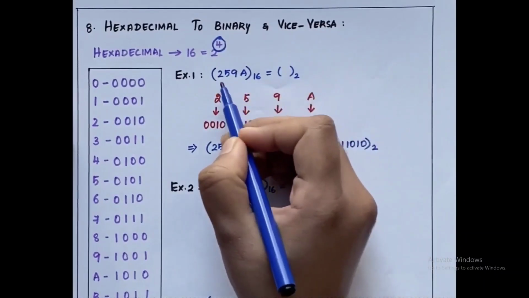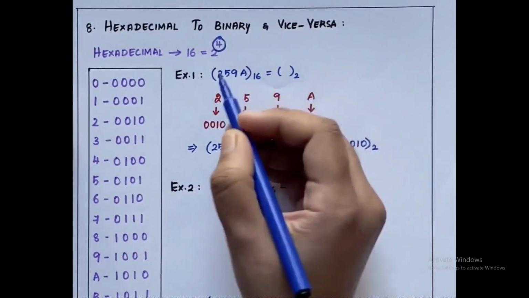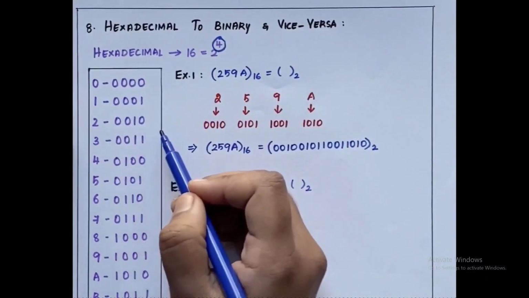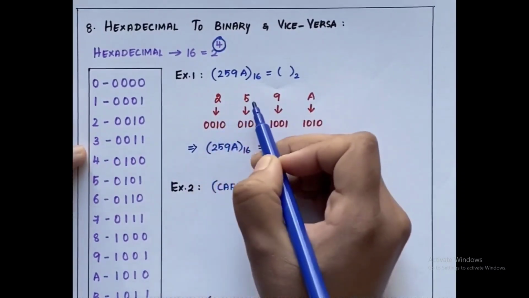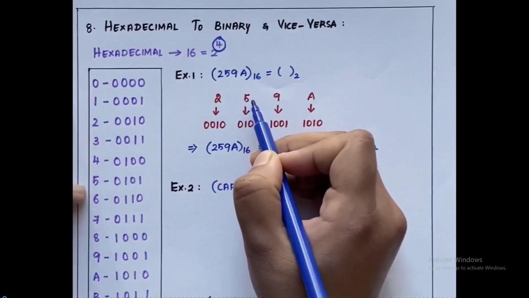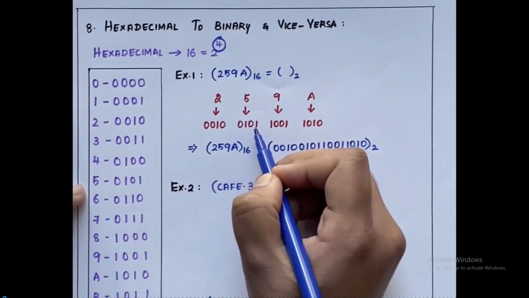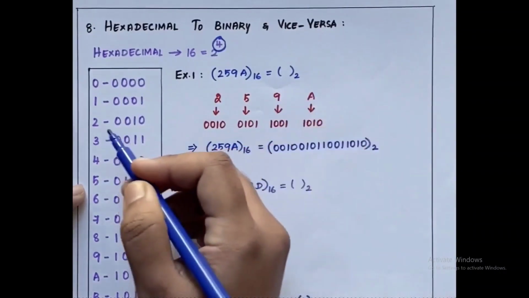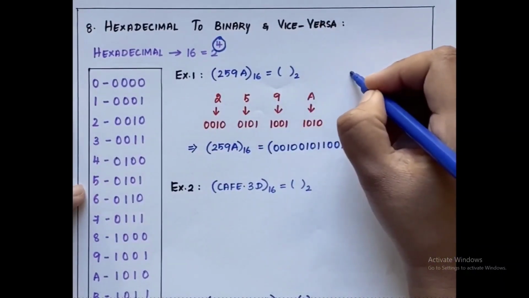First let us segregate the value and write the equivalent 4-digit binary value. For 2, the equivalent value from the table is 0010. Next for 5, it is 0101. Next for 9, it is 1001, and for A it is 1010. It is filled from the table accordingly.